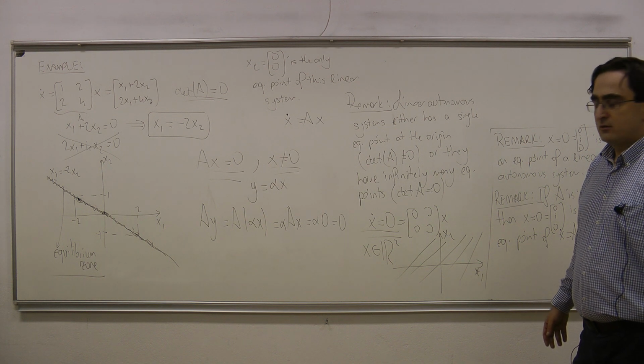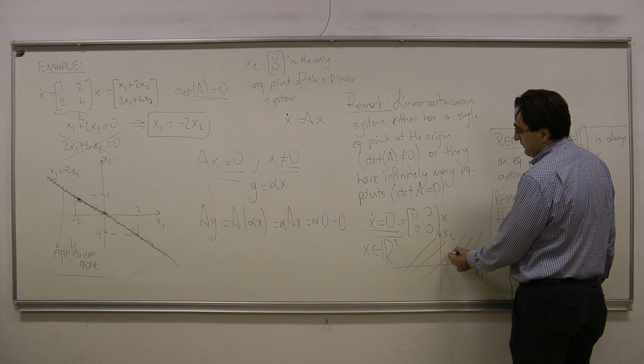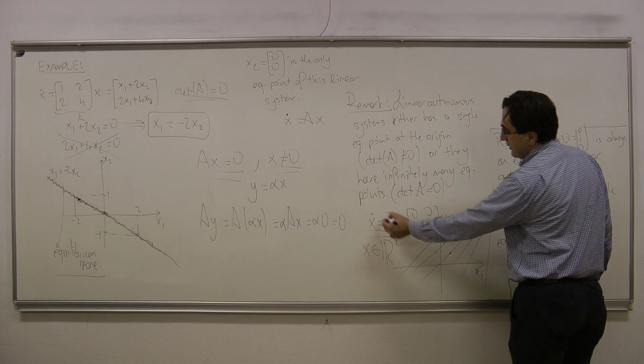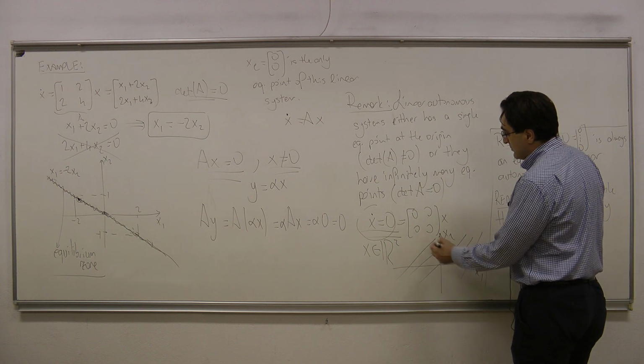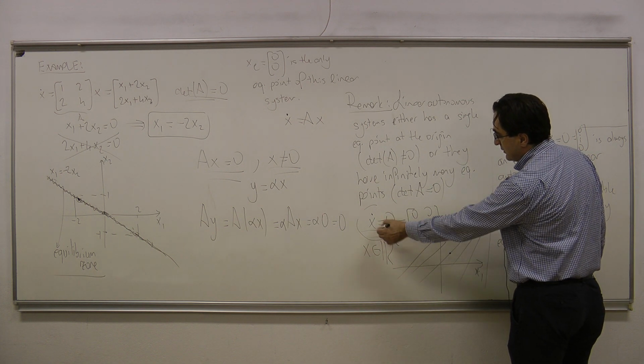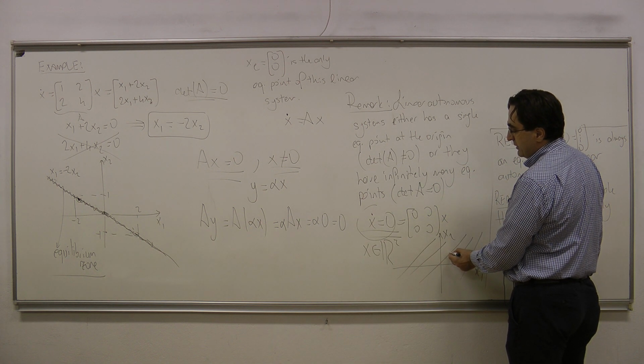Can I check it? Yes, just take any x. If I start the system at any x, I have the equation x dot equals 0. That means that the system dynamics, the x trajectory, will have 0 velocity at any point.